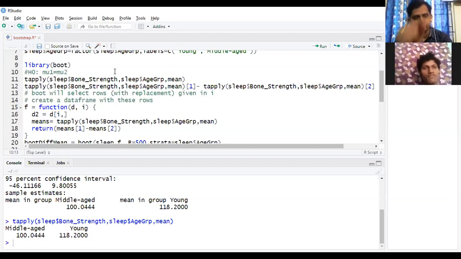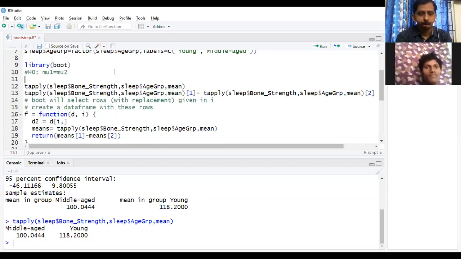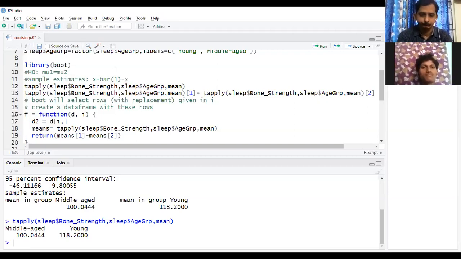Now, this is the population parameter. How about the sample statistic? The hypothesis should be measured with sample estimates, that is x bar of young adult minus x bar of middle aged group, which is equal to 0.